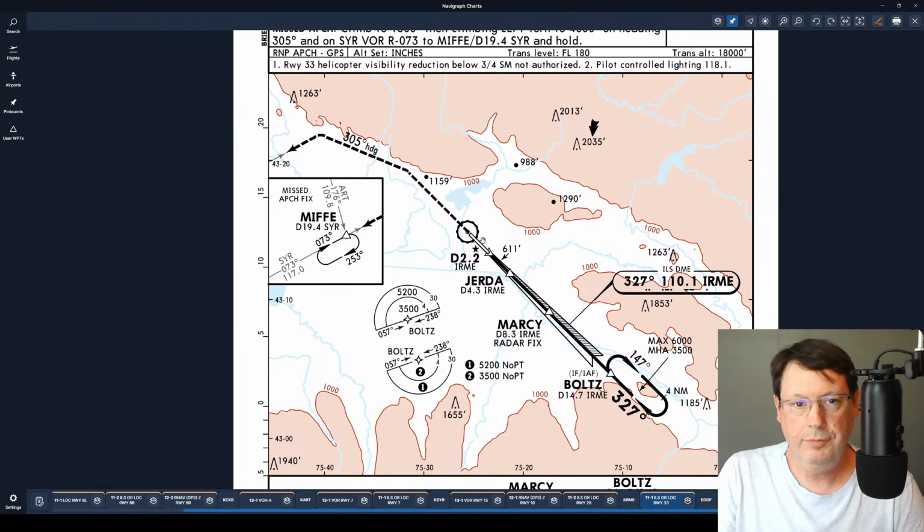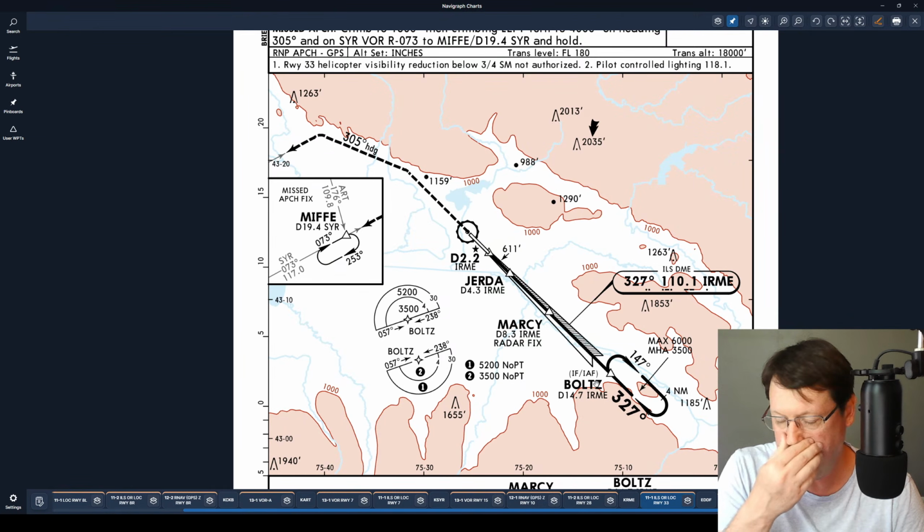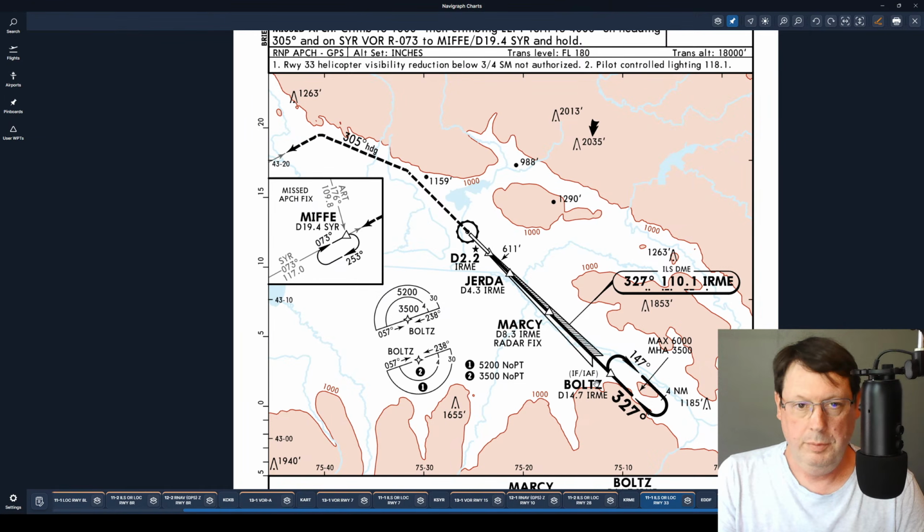So if you're looking at the overhead view, this right here is Bolts intersection, and you can see it says IAF. The start of an approach is the initial approach fix, which is the IAF.